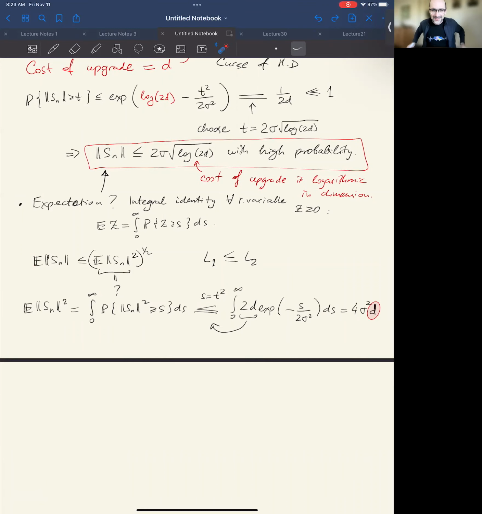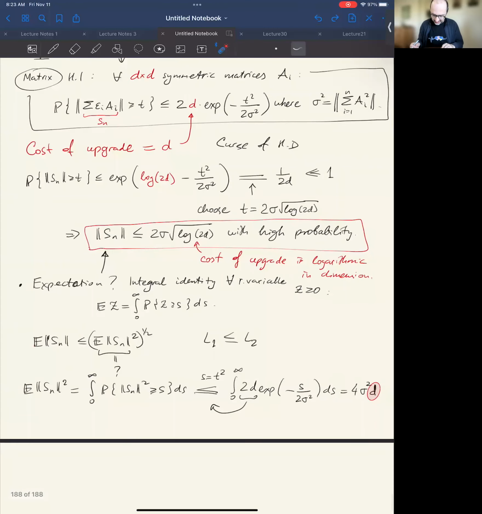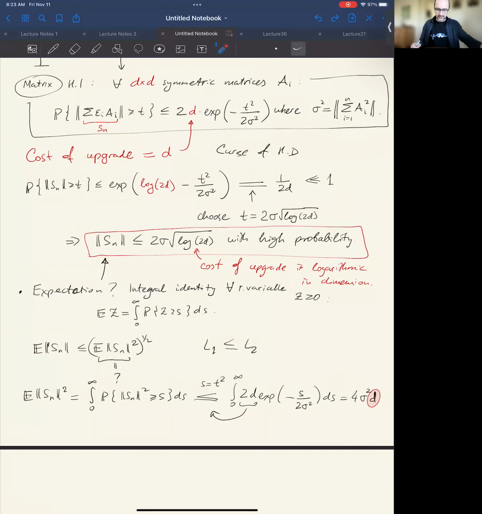So how did it happen? What did we lose? What's going on here? The integral inequality is actually quite sharp, usually. Something is bad.